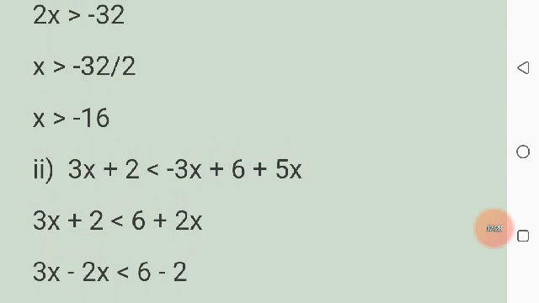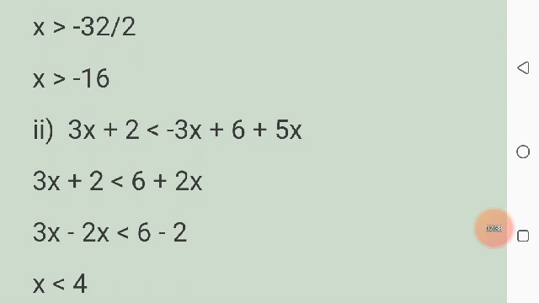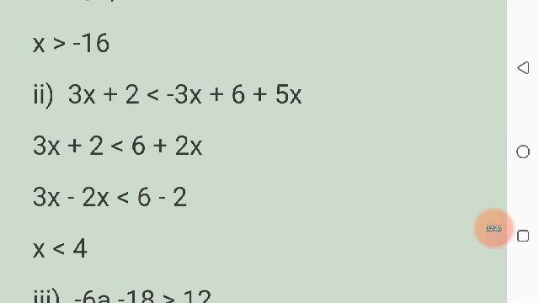The next line, 3x minus 2x is less than 6 minus 2, collecting like terms. And subtracting, that will give us x is less than 4. Okay, these are straightforward, just like the normal equation.